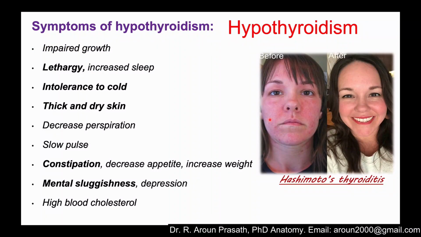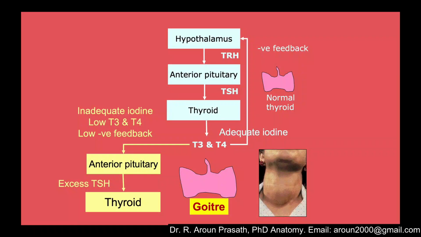There will be weakness because muscle cramps will be present, then intolerance to cold. Then thick and dry skin, decreased sweating, slow pulse, constipation, less appetite, mental sluggishness, depression, and high blood pressure. All these are the features of hypothyroidism, whereas in hyperthyroidism it will be the opposite.